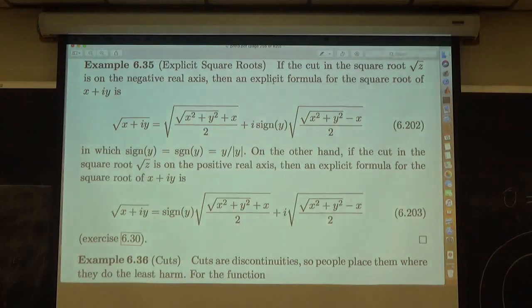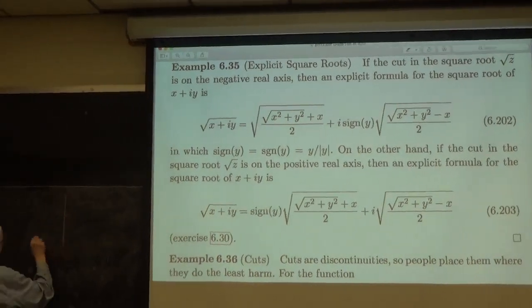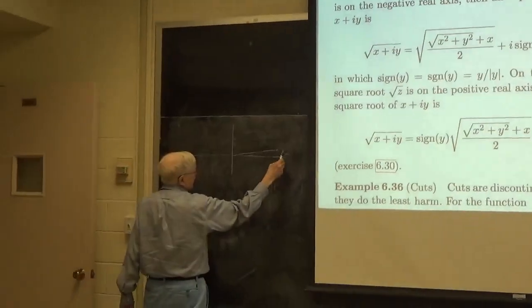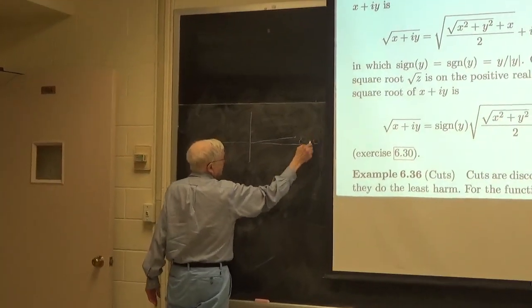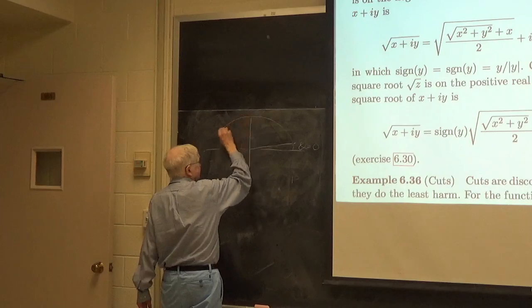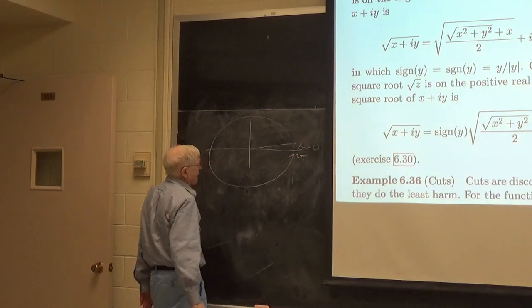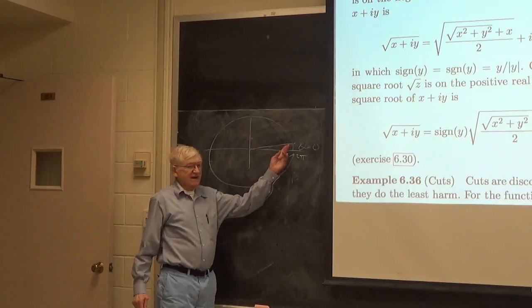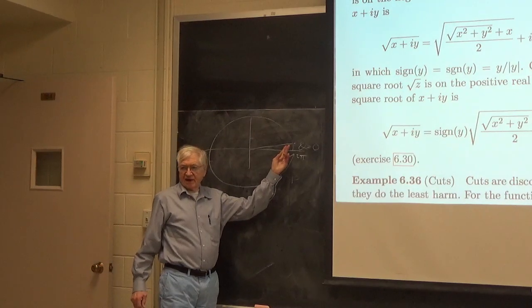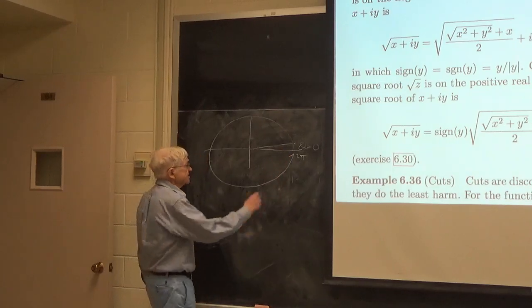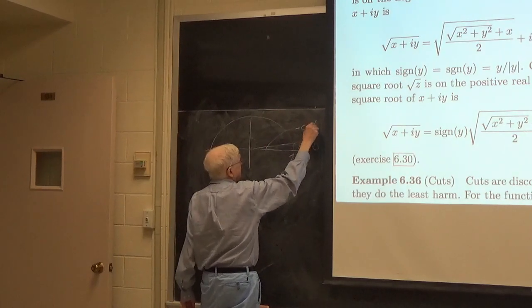The two popular conventions are that theta starts from 0 here, increases until it gets to 2 pi, and then it drops by 2 pi as you cross the cut on the positive real axis. So this is called the cut.